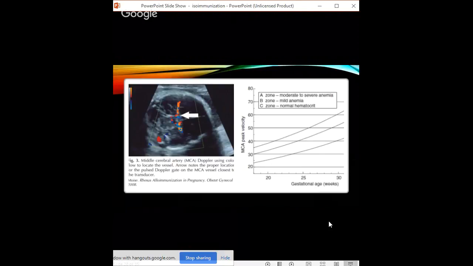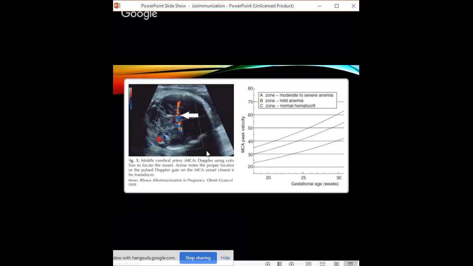So this diagram shows the middle cerebral artery Doppler. Here they use the flow volume. The middle cerebral Doppler is used to monitor fetal anemia.